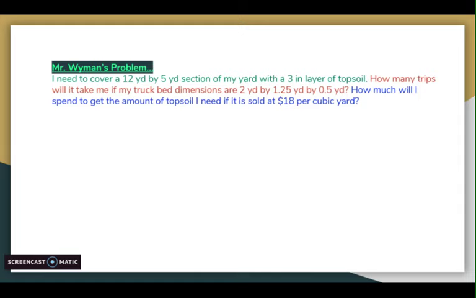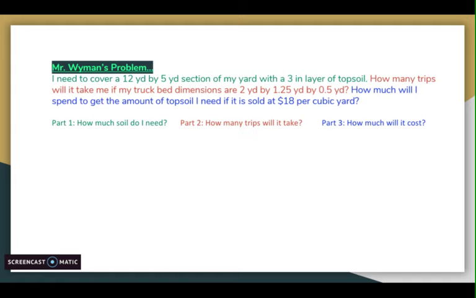Remember, breaking these problems down into smaller parts to find our solutions is always a good way to approach them. The first part is to figure out how much soil I need. Then I need to figure out how many trips it's going to take. And lastly, how much will it cost?